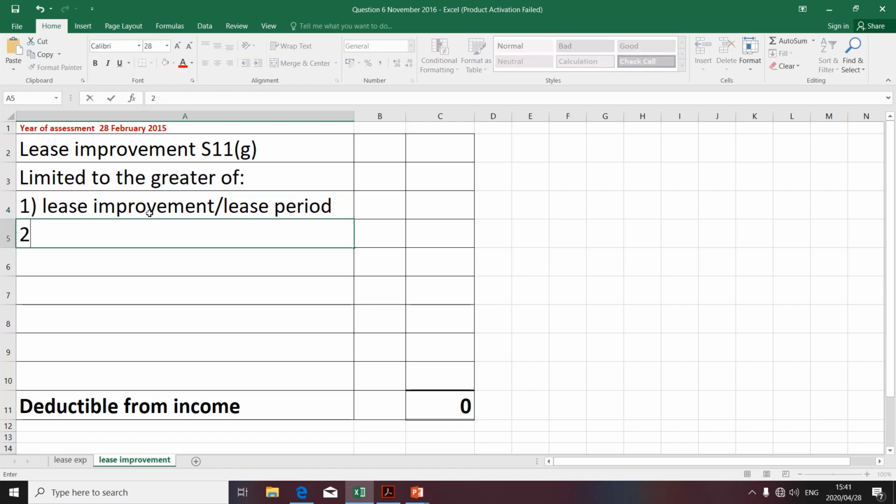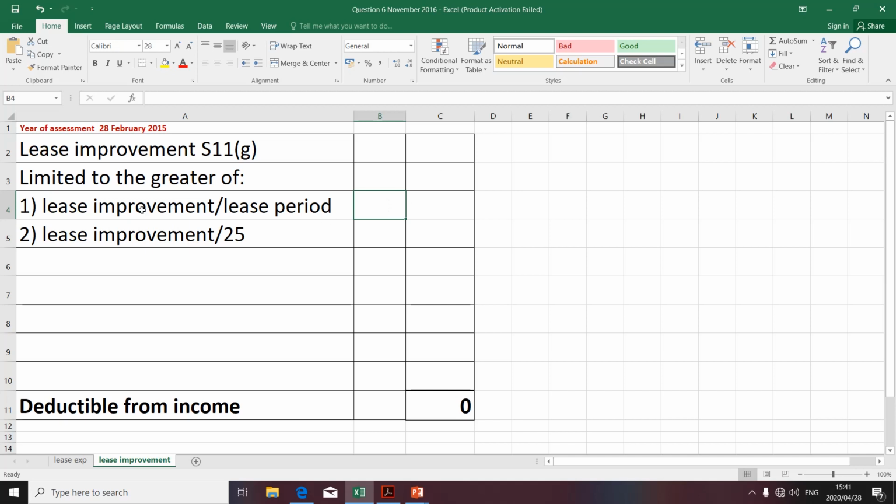Number two, lease improvement divided by 25 years. So we're going to take the lesser of the two. Please follow me. I'm going to take the final amount in the final column.